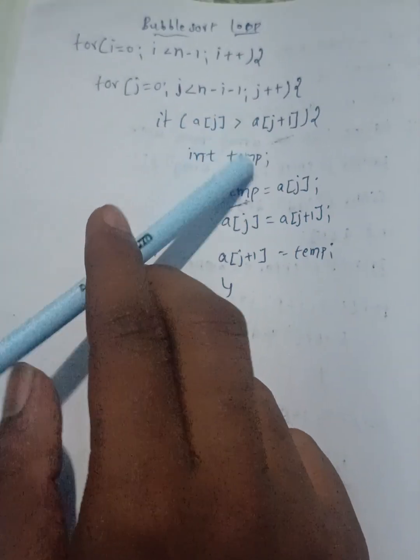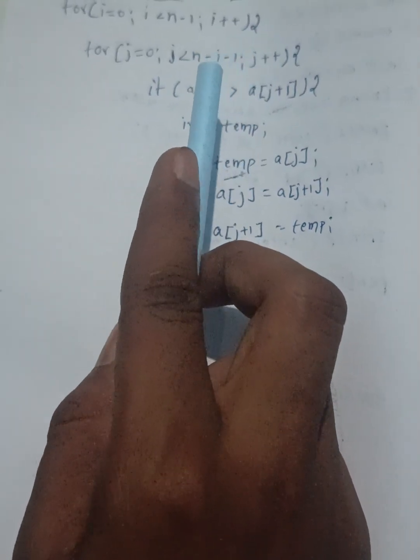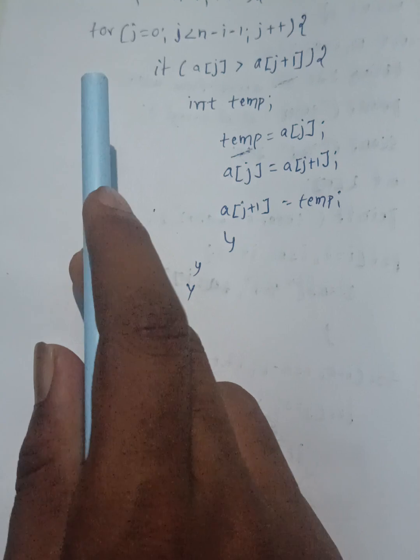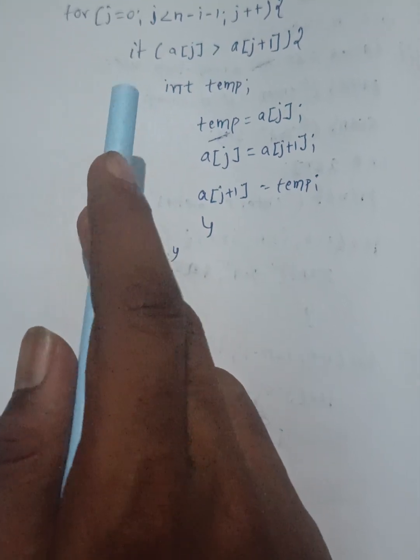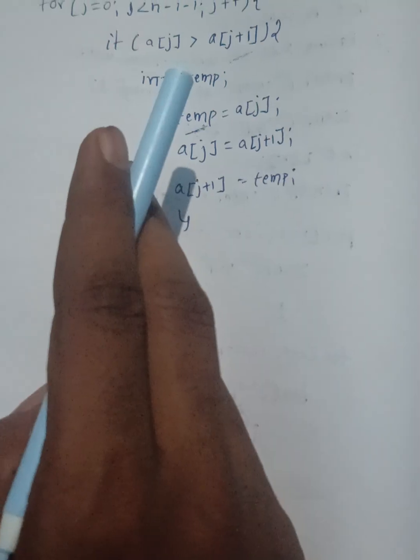Now we will learn the bubble sort loop. As we discussed earlier, it is going to take n minus 1 passes. So for i in range, i equal to 0, i less than n minus 1, i plus plus. Then for j equal to 0, j less than n minus i minus 1, j plus plus.